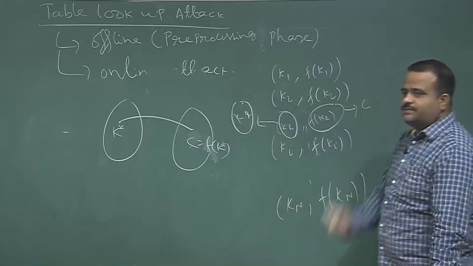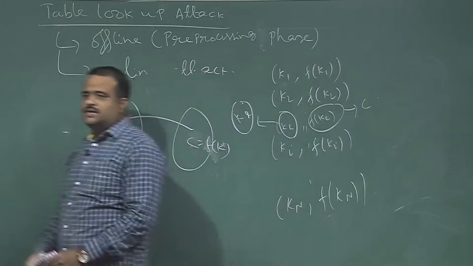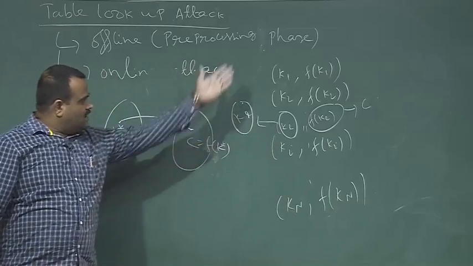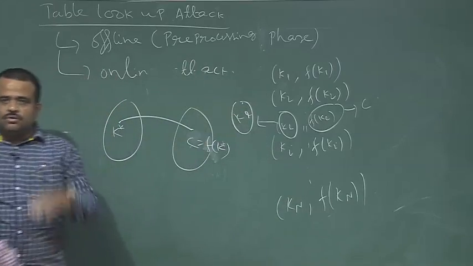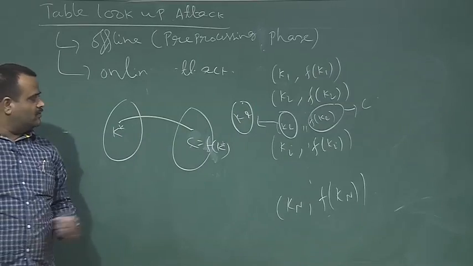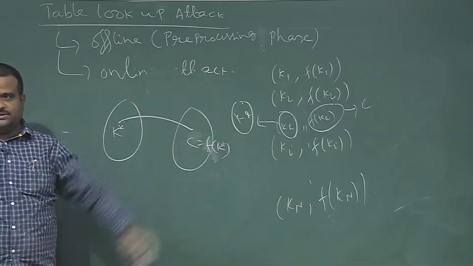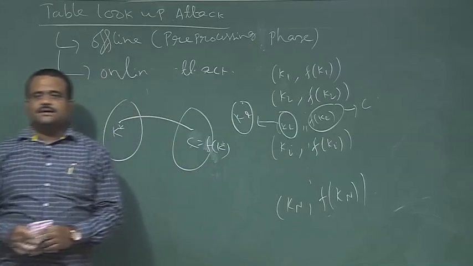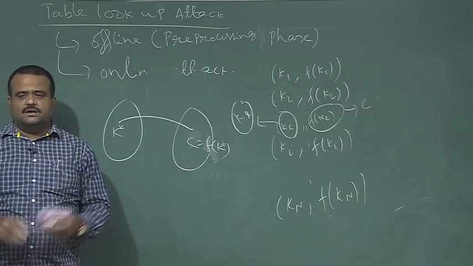So, this is just a table lookup attack. We search for our y or c in the table. We know all the keys are there, so it has to match one of these entries. Once the match is found, we take the corresponding key as our key.